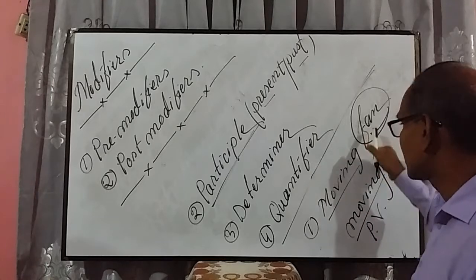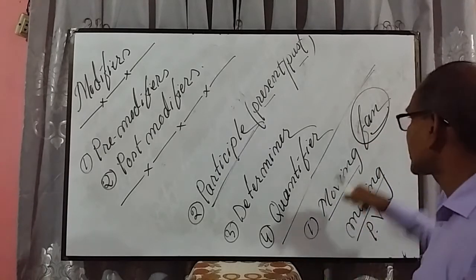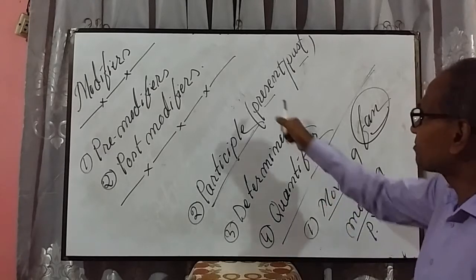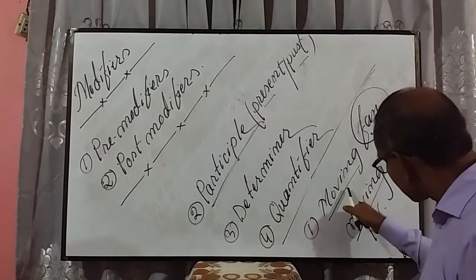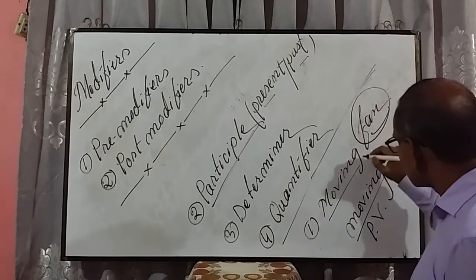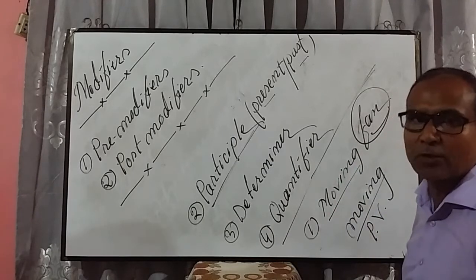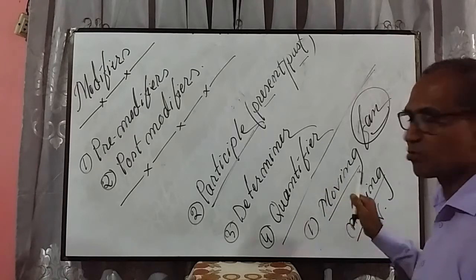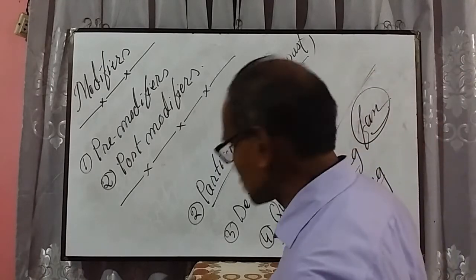How is the fan? The fan is now moving. So what kind of fan? Moving fan. So moving is a present participle, and it is a pre-modifier because it is used before the noun fan. So that is a pre-modifier. Number 2 is done.